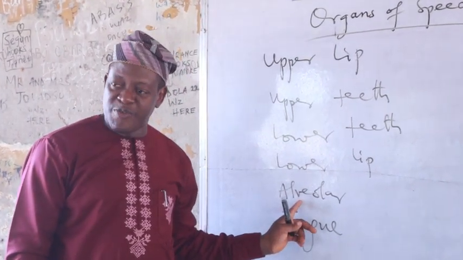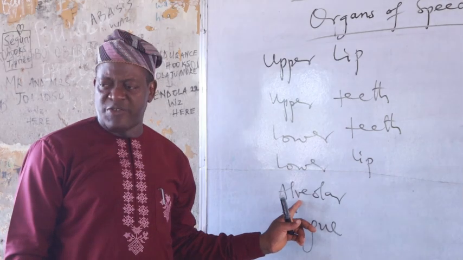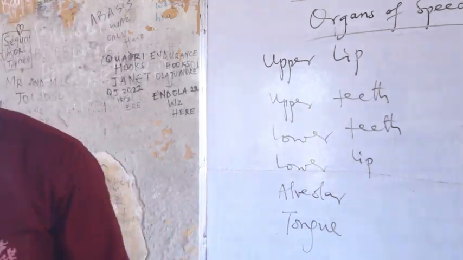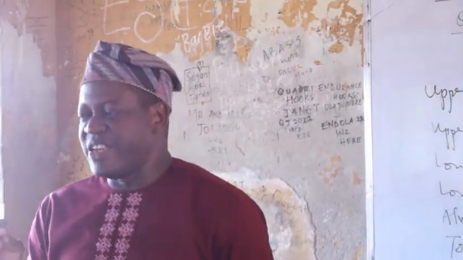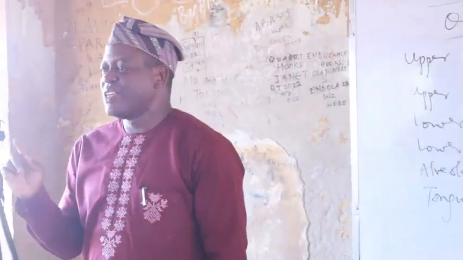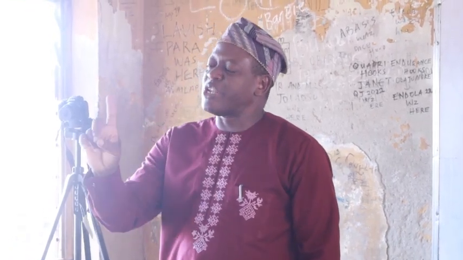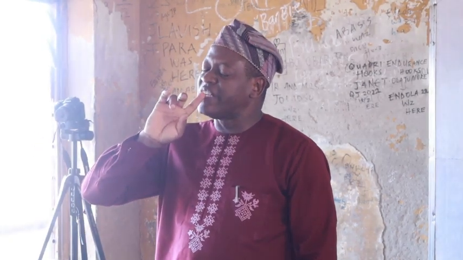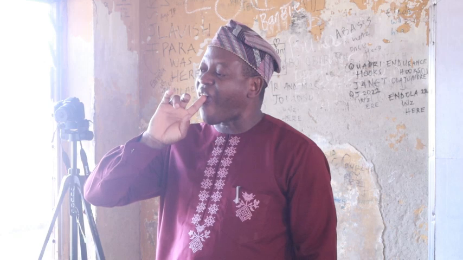Alveolar. Do you know where the alveolar is? Yes. Touch the alveolar, let me see. You see? That's not the alveolar. The alveolar is the muscle that holds the upper teeth and the lower teeth. It is from the alveolar that the teeth grow. Now bring your finger like this. Touch the root of your teeth. You see the muscle holding that place?